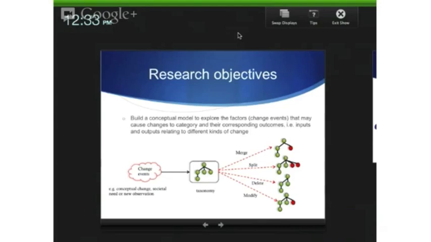Through this I can capture the inputs and outputs relating to different kinds of changes, and this will help me to capture those aspects, formalize them, and automate the process of revision.